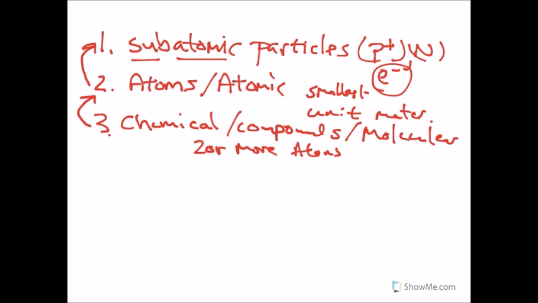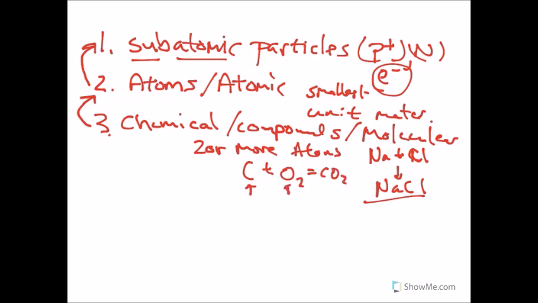But what we're doing here is we are taking 2 or more atoms and we're bonding them together. For example, if I took a sodium atom, bound that to a chloride atom, and produced sodium chloride, right? Or a carbon atom bonded to O2 to make CO2, right? These would be molecular. We have 2 or more atoms bonded together, right?